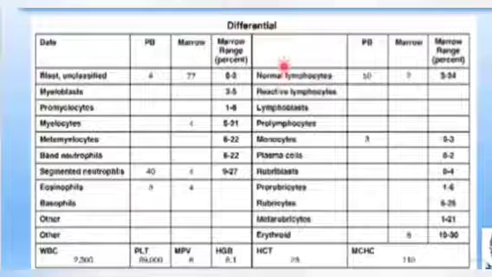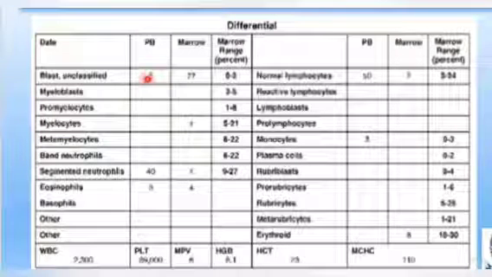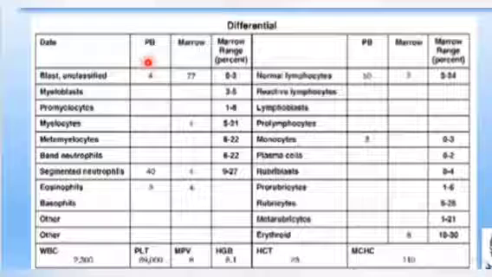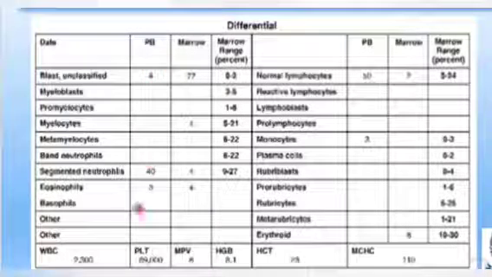Then on the other hand, we have the myelogram. We also call it the differential count. It's the count for peripheral blood, and it's the count for bone marrow. Sometimes we miss it, or it's unknown, or it's complicated to diagnose disease on the basis of a peripheral blood smear.